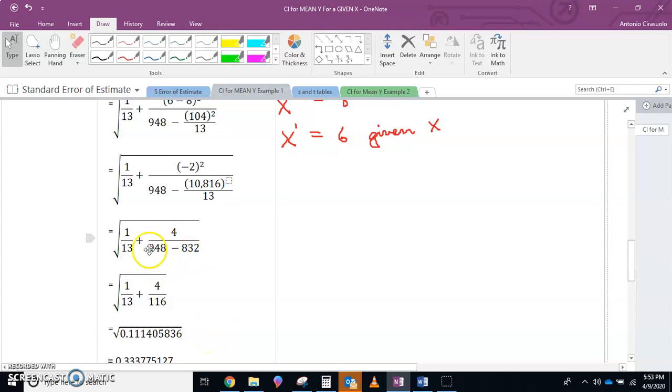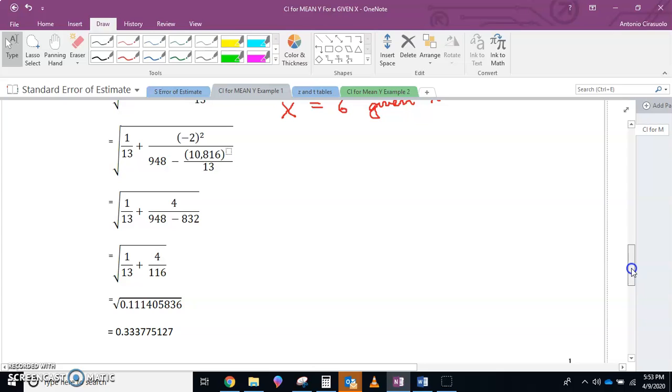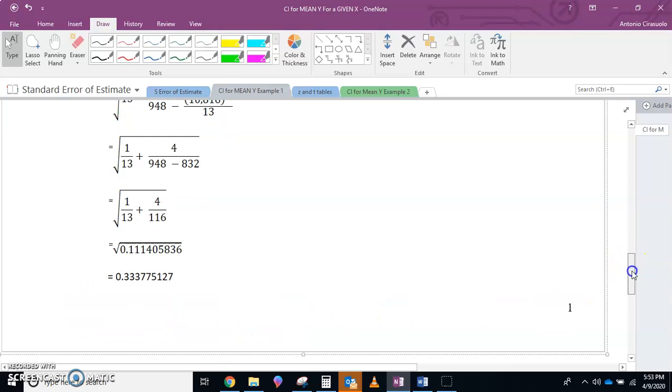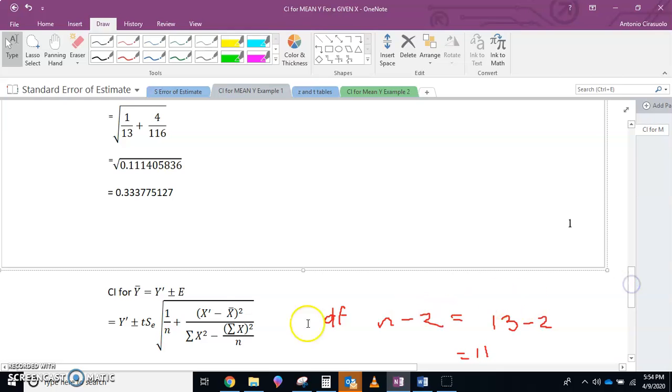So if you did the calculation with 984 minus 832, you would have gotten a totally different number. And like I said, I edited because I made the mistake, and then somehow it was a bit of a mess. Anyways, this is the value that we're going to include, and so that's this value here.